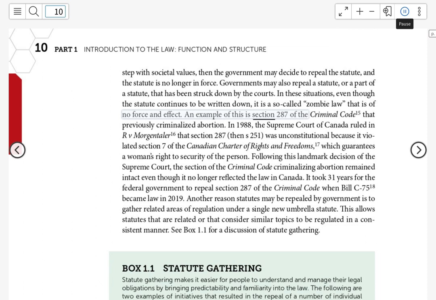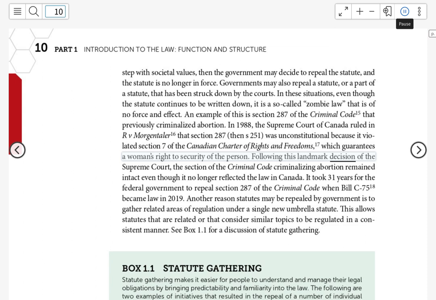An example of this is Section 287 of the Criminal Code that previously criminalized abortion. In 1988, the Supreme Court of Canada ruled in R. v. Morgentaler that Section 287, then S. 251, was unconstitutional because it violated Section 7 of the Canadian Charter of Rights and Freedoms, which guarantees a woman's right to security of the person.